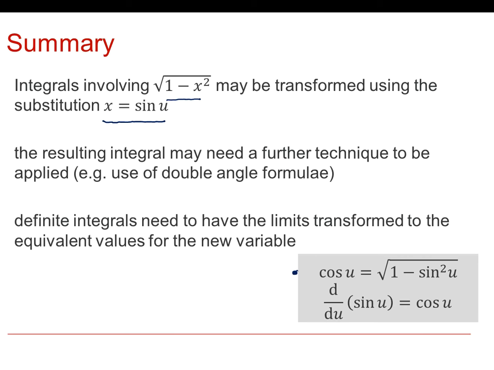Also note that when we differentiate sine u, we get cos u. The resulting integral may need a further technique to be applied, use of a double angle formula, for example that cos 2u equals 2 cos squared u minus 1, or we might need to use the 1 minus 2 sine squared u and rearrange it so that we can integrate cos squared or sine squared.